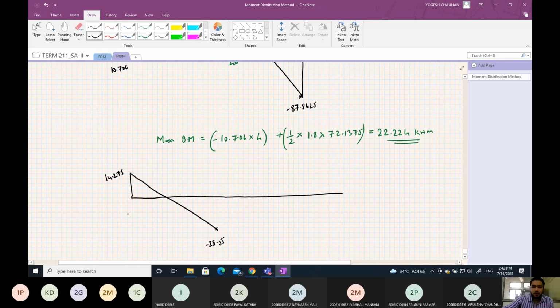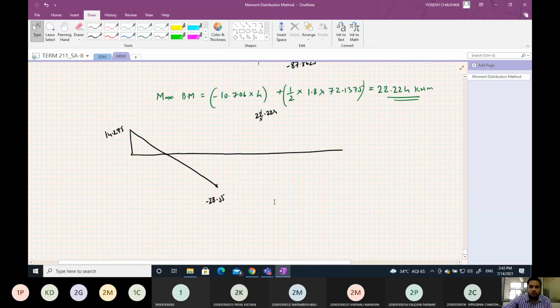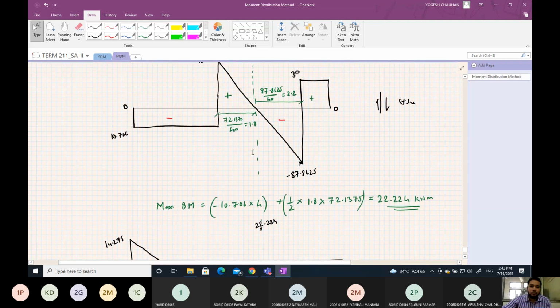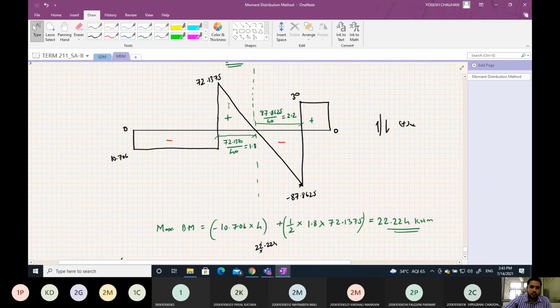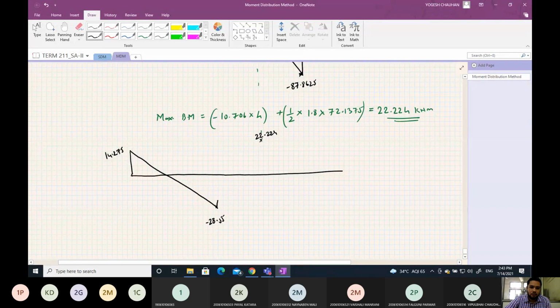Then at this point, at D point, the point of zero shear, it is 22.224. The variation will be parabolic, and since the shear force is decreasing, there is maximum slope here and minimum slope here. So maximum slope here means it will be like this.